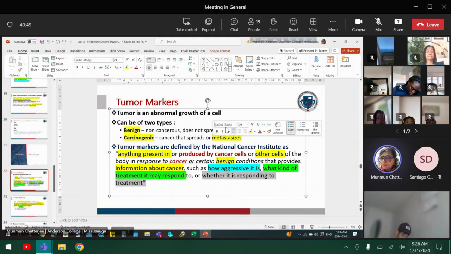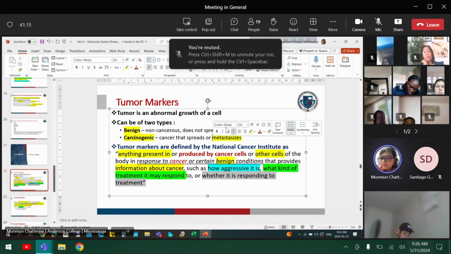Even for the cell, cancer, any other cells which doctors think I need to test. So they use that one to check information about cancer, whether it's benign or cancerous. If it is cancerous, how aggressive is it? What is the stage, stage 1, 2, 3 or 4?